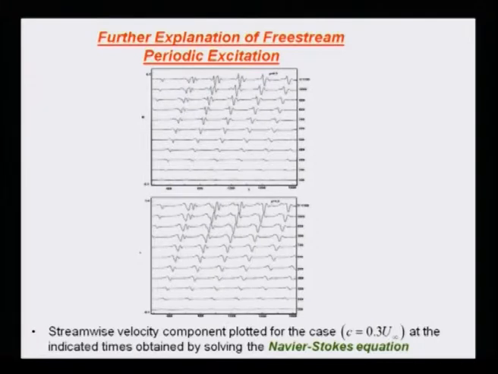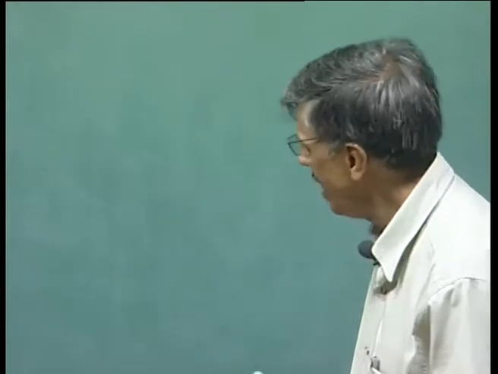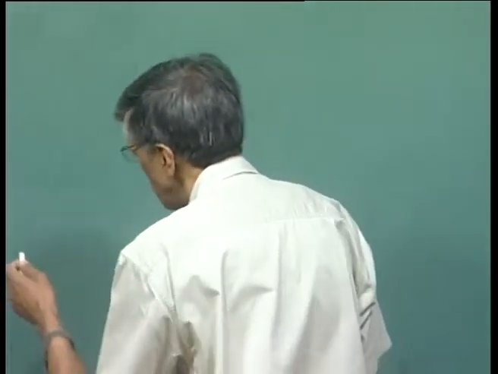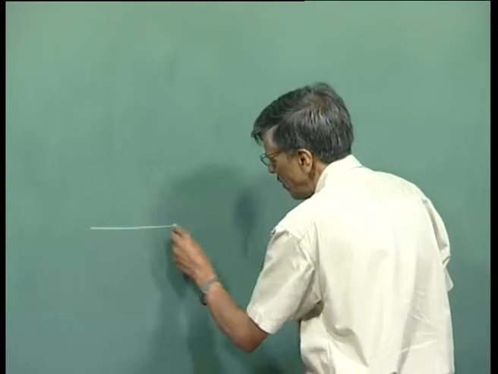I told you that in one of the meetings I met Dr. Kendall. He did a similar experiment way back in the 80s. His experiment was like this. Take a tunnel.